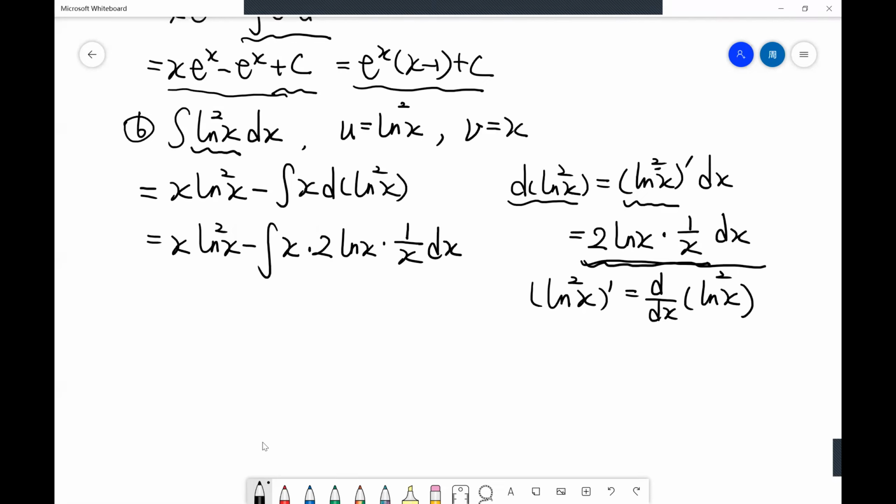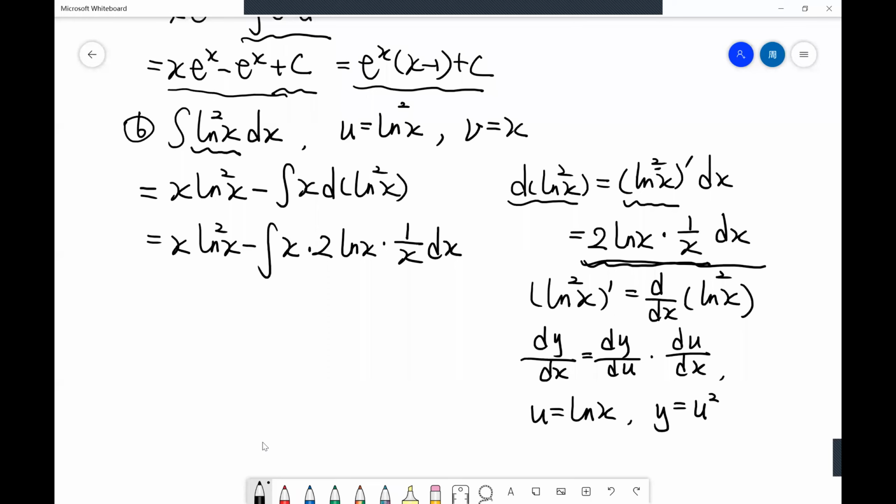That is dy by dx equals dy by du times du by dx. Remember that? And here, u should be ln x. So y equals u squared here, right?